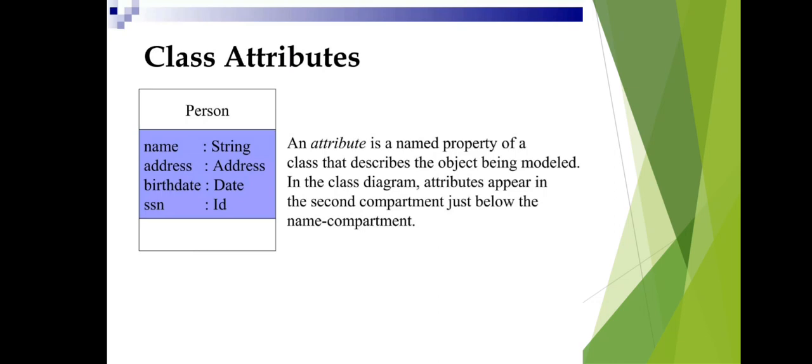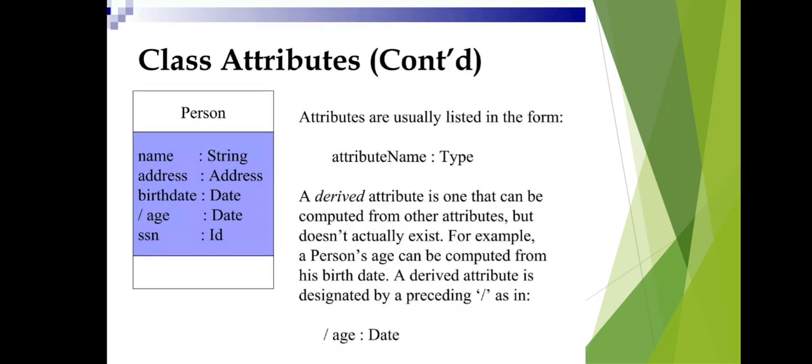It is represented in the second compartment, just below the name of the class. Here the name of the class is Person, and there are some attributes: name, address, birth date, and student serial number.